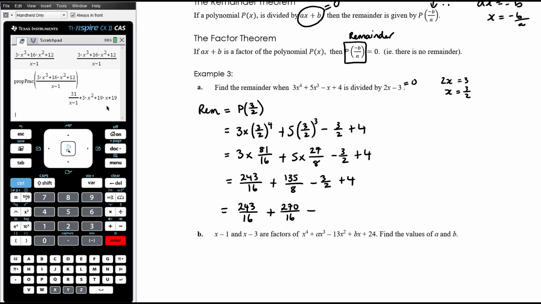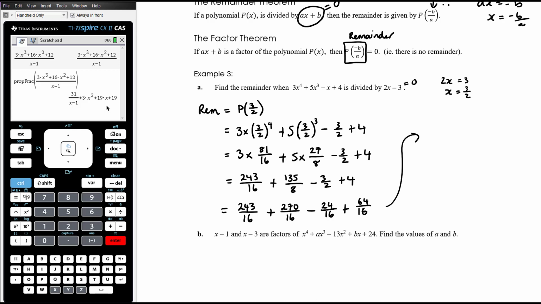Minus, so denominator of 16, so we need to multiply top and bottom here by 8, so 24 on 16, plus, and that's 4 over 1, so we need to do 4 times 16, again 4 10s are 40 and 4 6s are 24, so 40 plus 24 is 64 on 16, it's 4. Alright, nearly there.